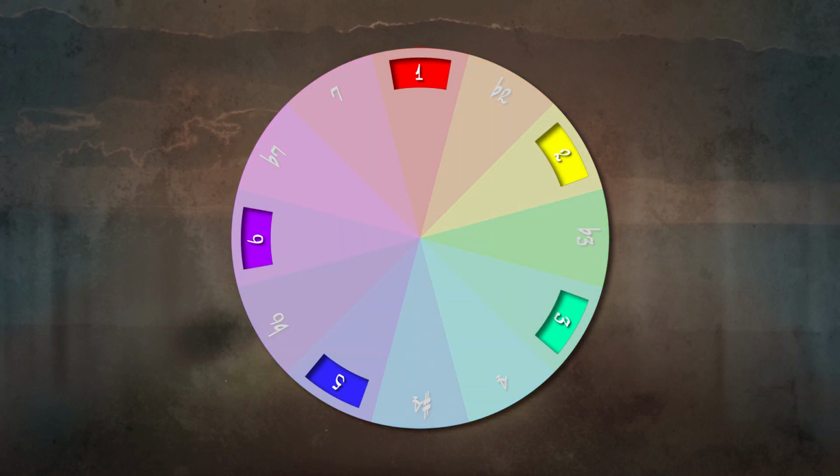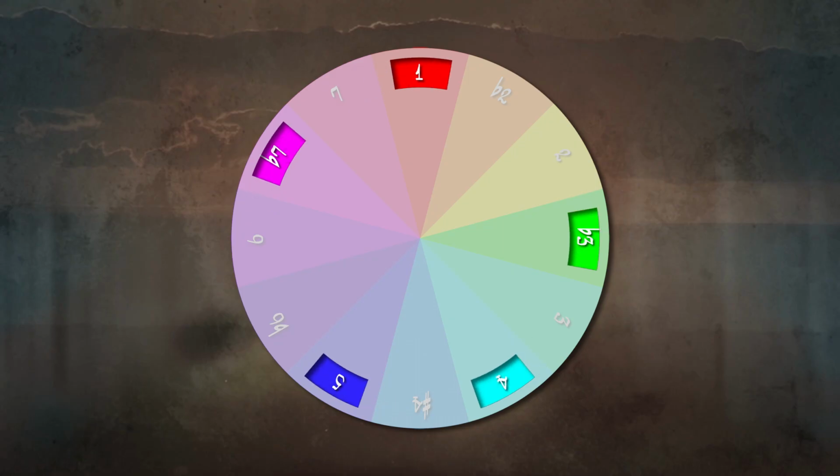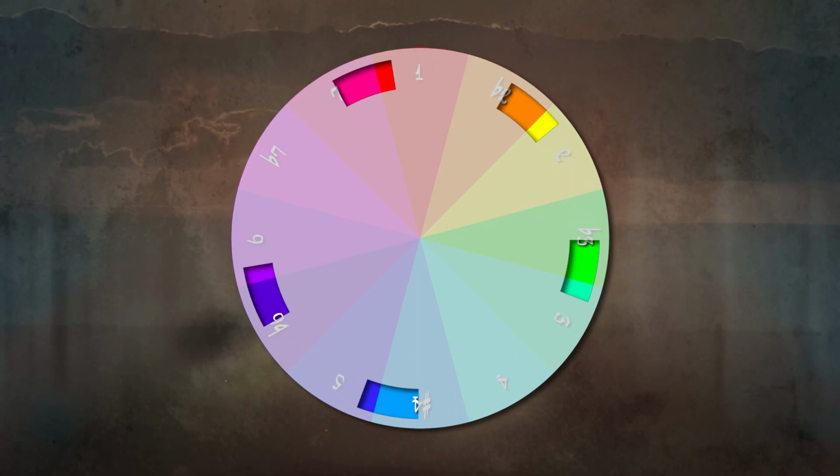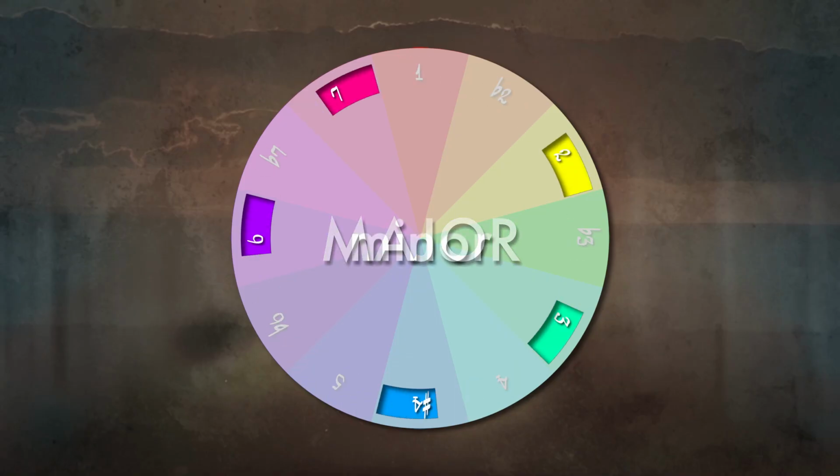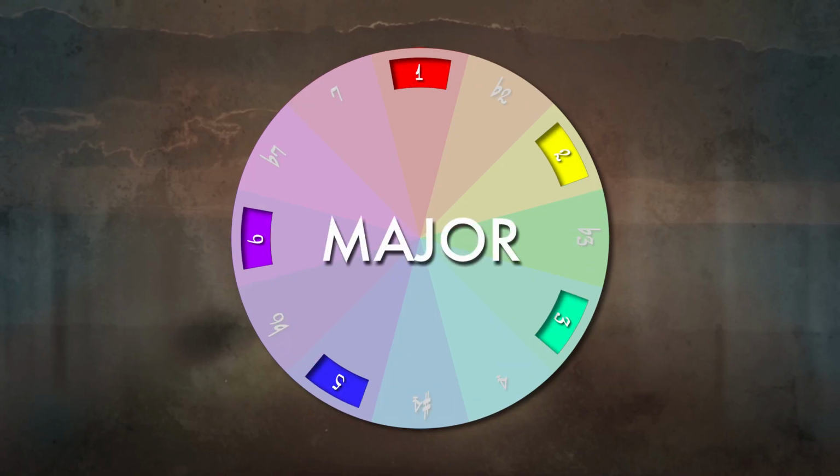To get the other modes of this pentatonic scale, you just rotate that pattern around, keeping in mind that you have to have the first note in there. In Western music, we use pretty much 2 of these modes. We use the major pentatonic and the minor pentatonic, which is the one where you shift it around 3 semitones.